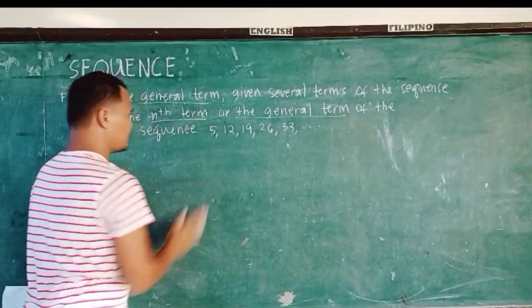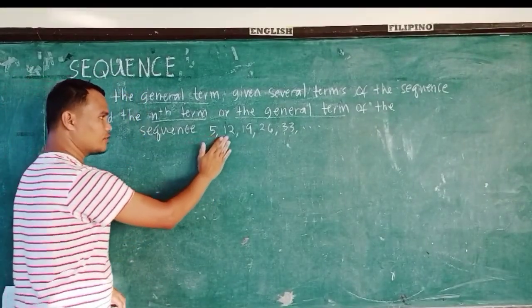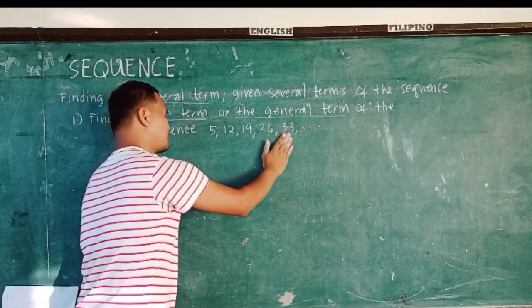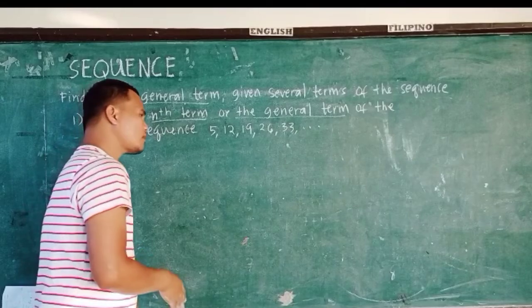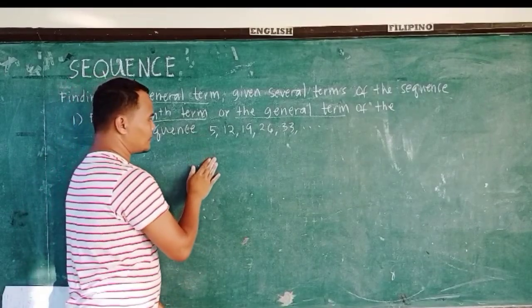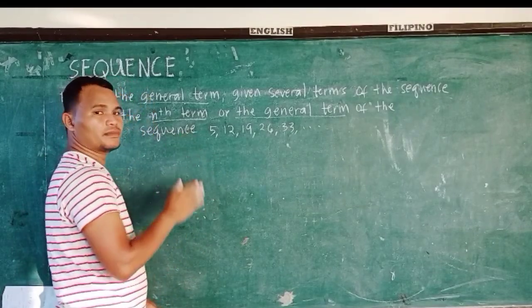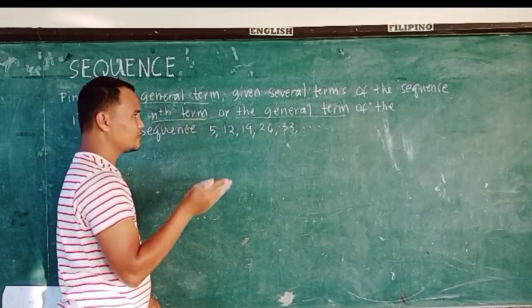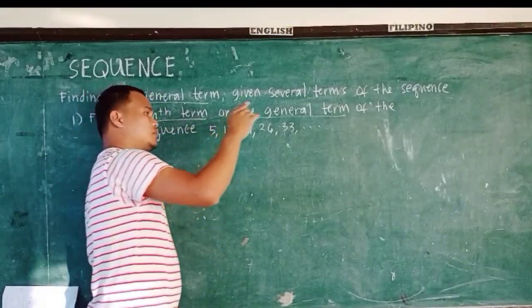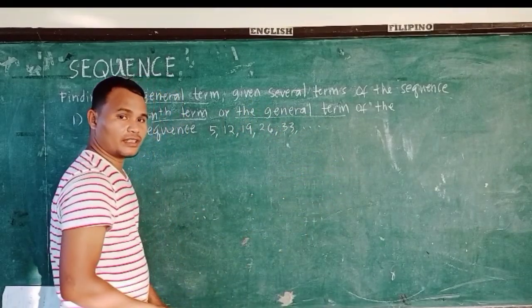Here, in example number 1, this is the sequence 5, 12, 19, 26, 33. We can observe that each term is added by 7 to obtain the next term.